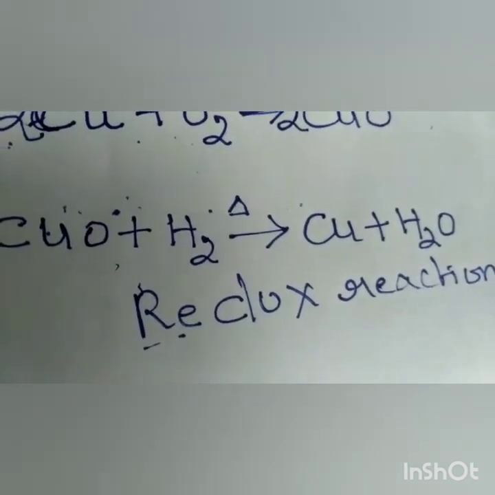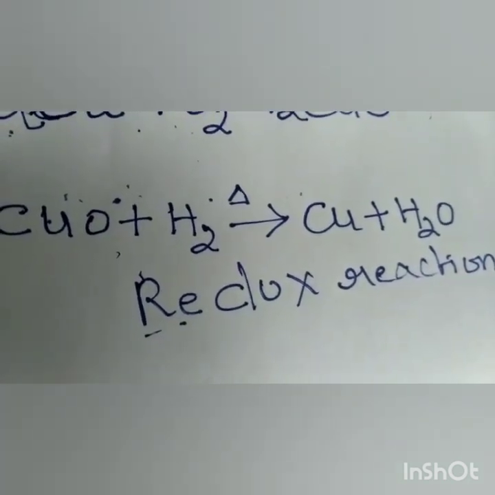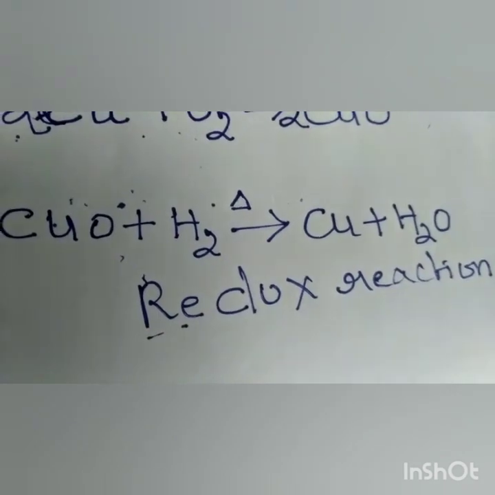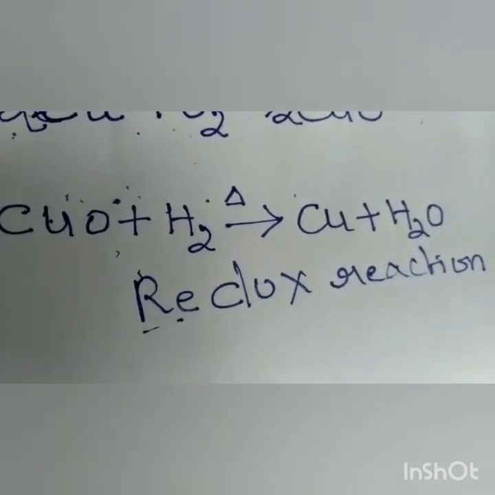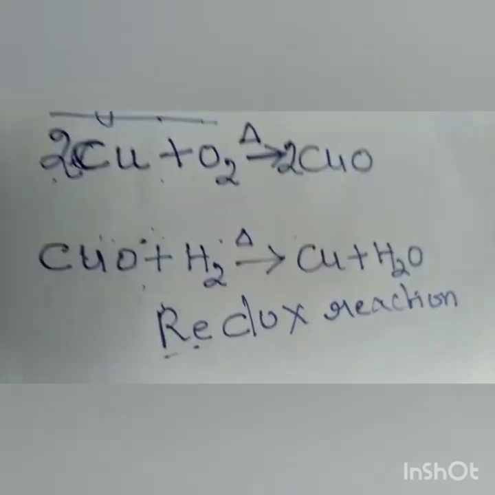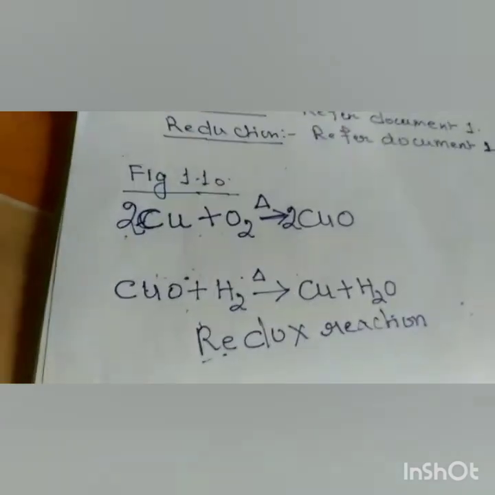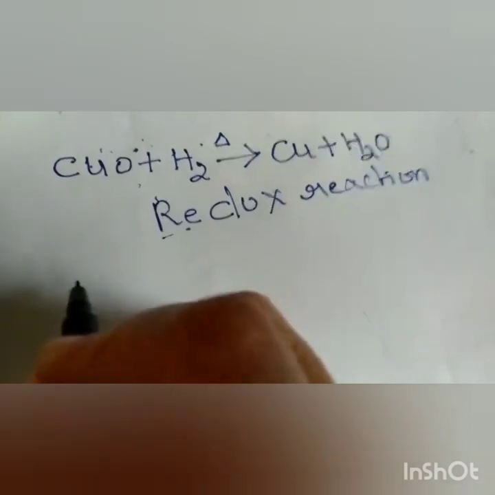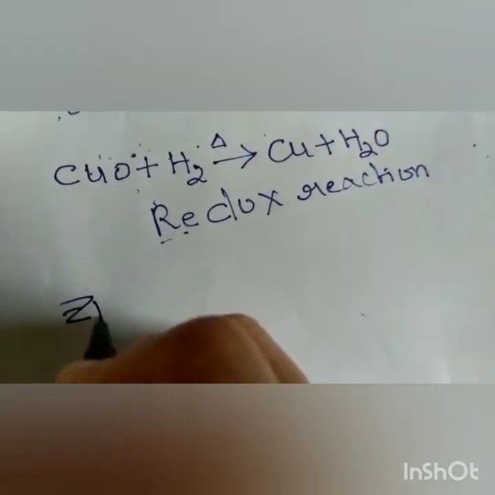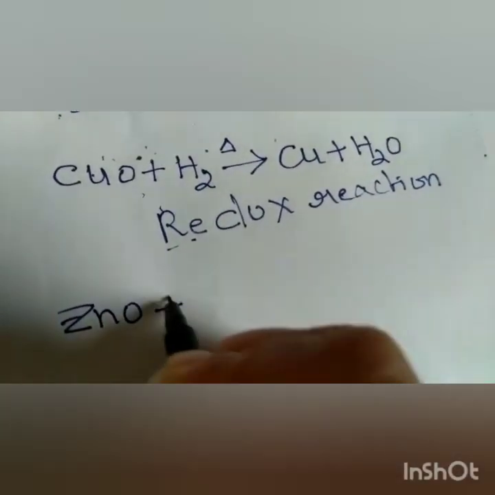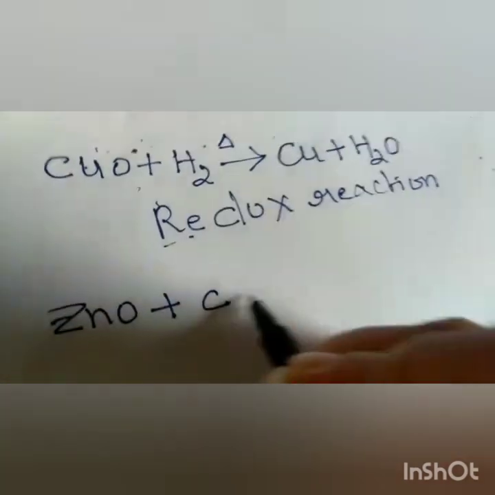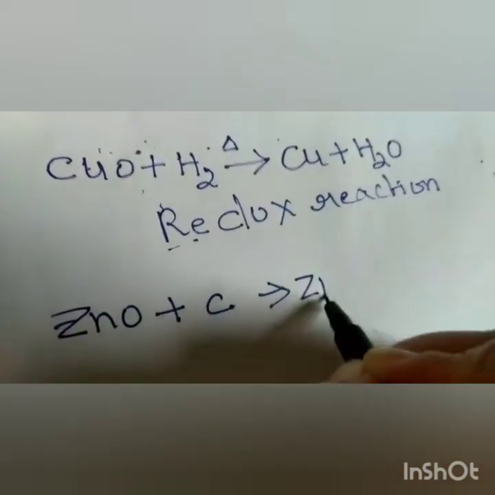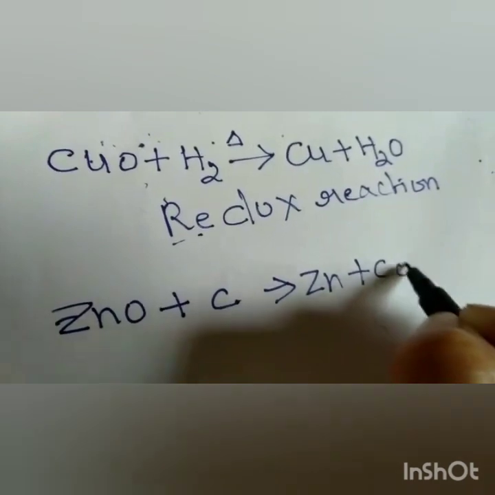Now children, again please see 1.3.1 in your book, equation 3. You can see equation 3 in the document. Here it is ZnO, zinc oxide, plus carbon, which gives you zinc plus carbon monoxide.